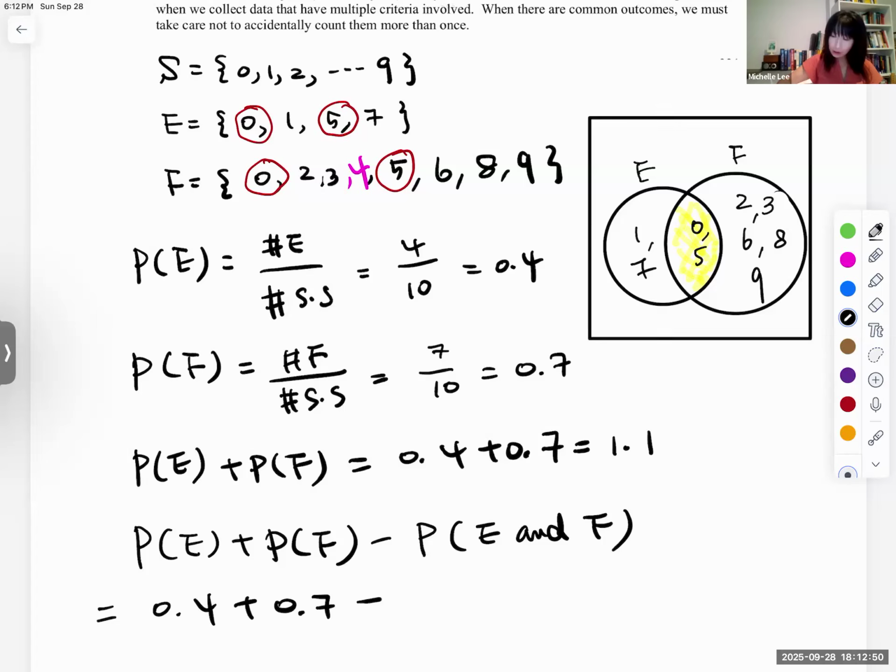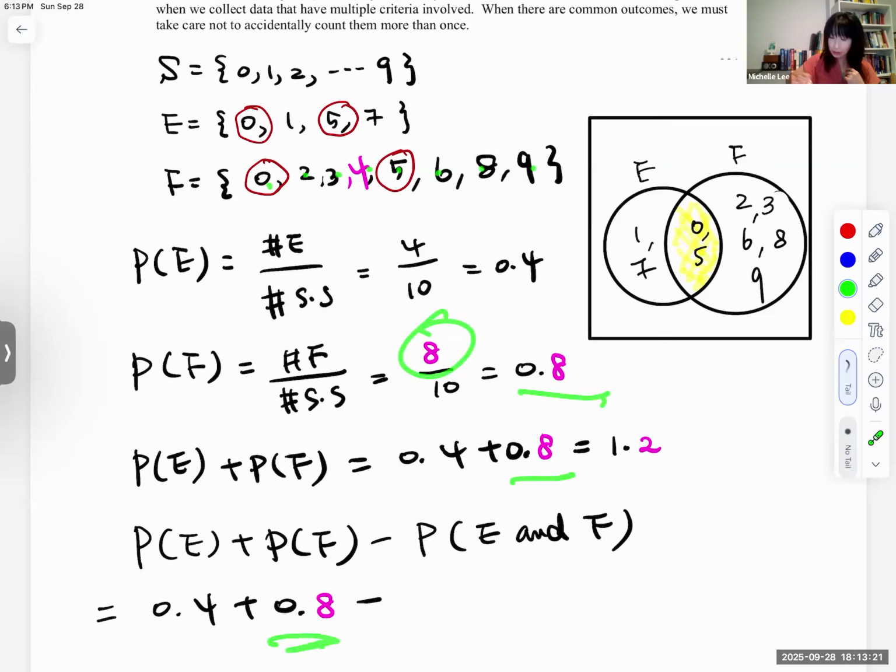Then there will be 8 in F. So once again, 1, 2, 3, 4, 5, 6, 7, 8, so 0.8. I fixed everything.